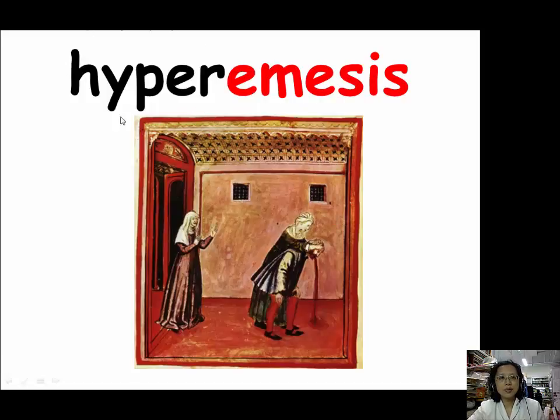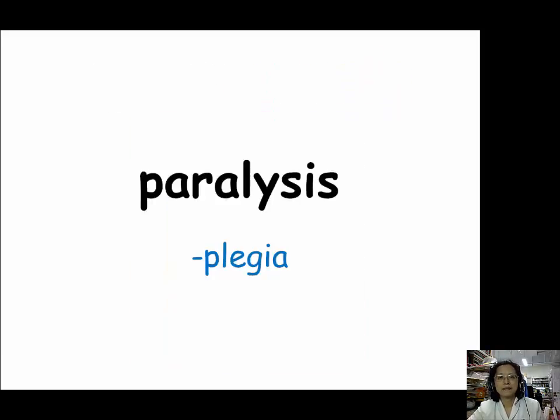Hyperemesis, remember what hyper means? We've learned in the lesson before our midterm. Hyper means above, and hyperemesis is excessive vomiting, which can be caused by various kinds of disease.